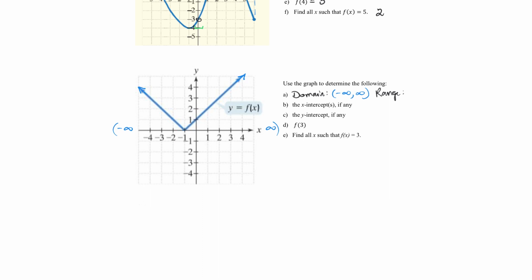And the range, now what is the least value of y that I have for this particular function? It's 0, so I'm going to put a bracket at 0. And there is no greatest value for y. These arrows indicate these y values are going to extend towards what? Positive infinity.